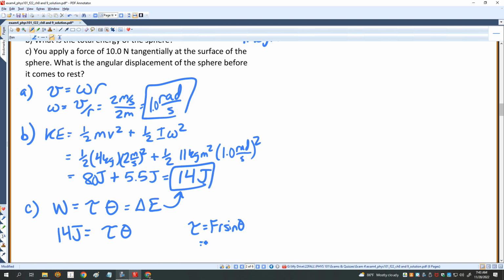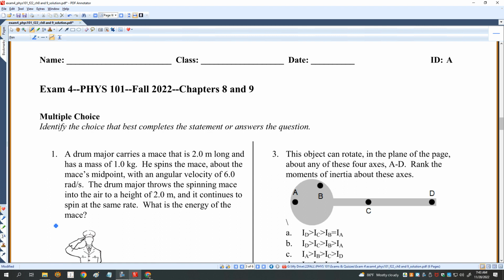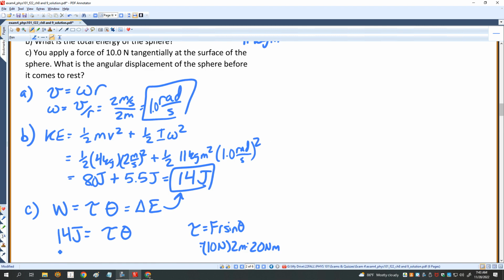That's 10 newtons times the radius, which was 2 meters. So that's 20 newton meters. So I have 14 divided by 20 is equal to theta, and that's 7 divided by 10, 0.7 radians. So that's our answer for theta.